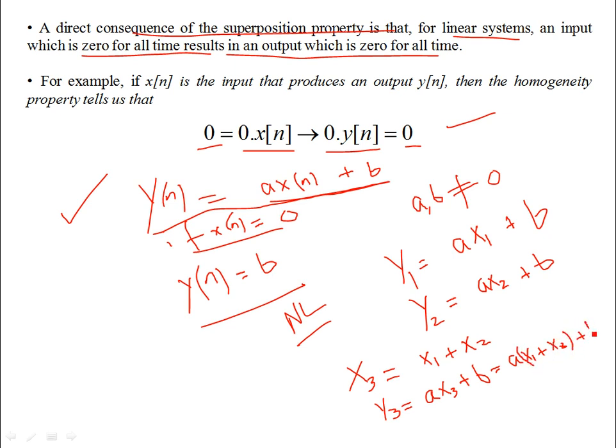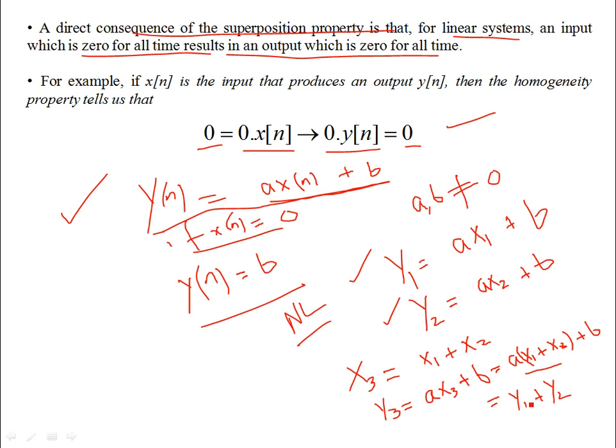Now the question is, does this equal y1 plus y2? If you add y1 and y2, you can take the a common and then x1 plus x2. You have this term, but it comes with 2b over here.